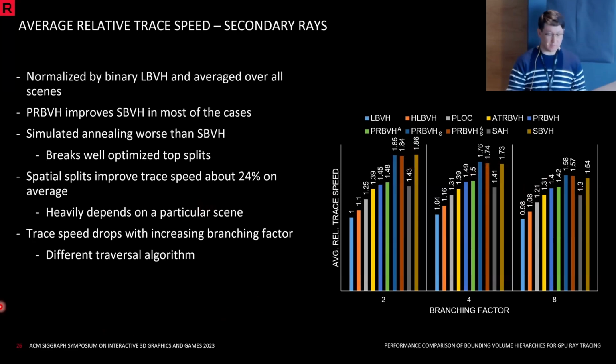But simulated annealing, surprisingly, is worse than just hill climbing with SBVH. Our explanation is that SBVH is a top-down builder, so the top levels are well optimized, and we believe the reason it is worse is that these top levels are destroyed during the heating phase, and they cannot really be recovered by PR BVH when we again try to optimize the BVH after it's destroyed.